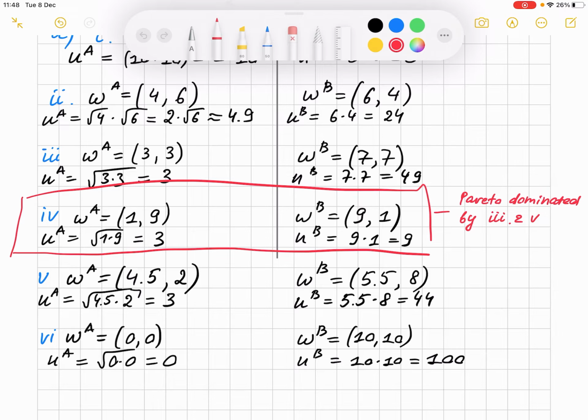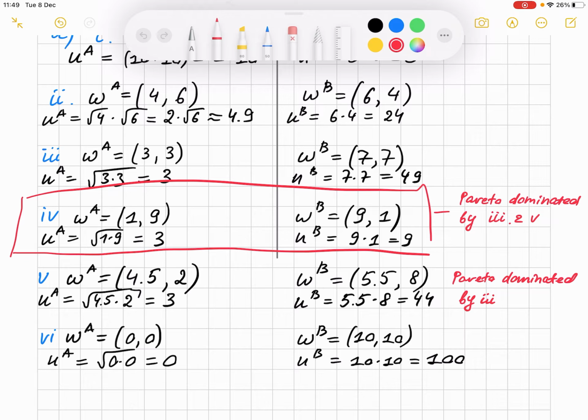So again, the third case is the best one out of these 3, because when agent A has the same utility, agent B can have higher utility, as he has in 3 compared to the other 2 cases. And so here we say that it's Pareto dominated by 3.